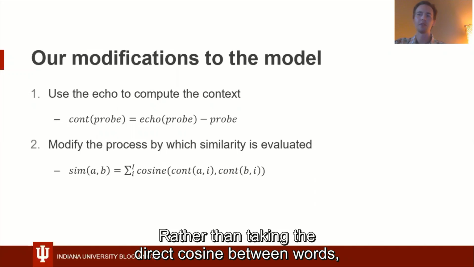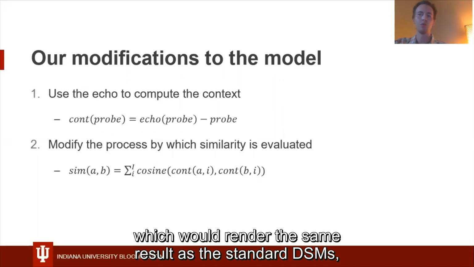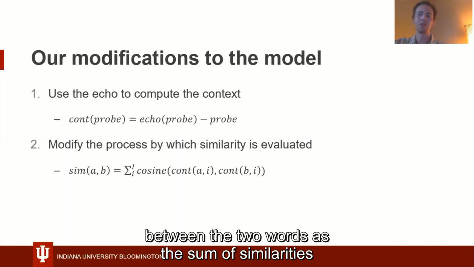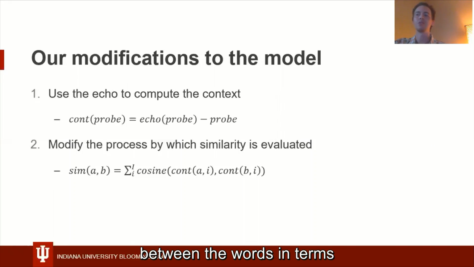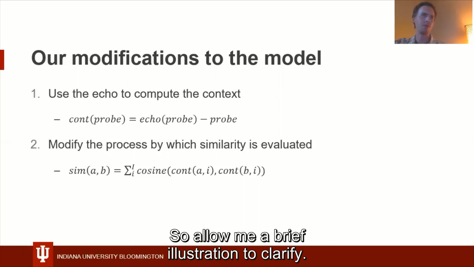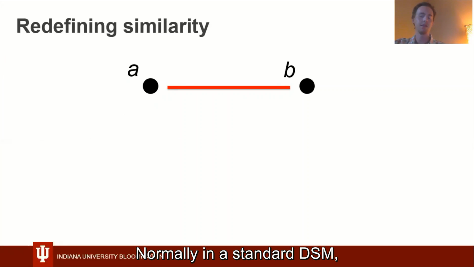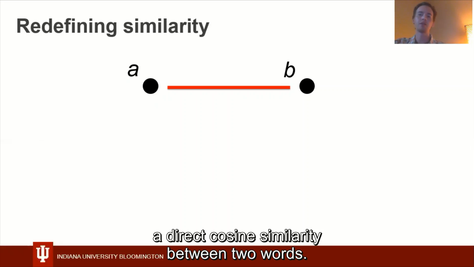Rather than taking the direct cosine between words, which would render the same result as the standard DSMs, we instead define the similarity between the 2 words as the sum of similarities between the words in terms of tertiary words in the corpus. So allow me a brief illustration to clarify. Normally in a standard DSM, word similarities are garnered via a direct cosine similarity between 2 words.